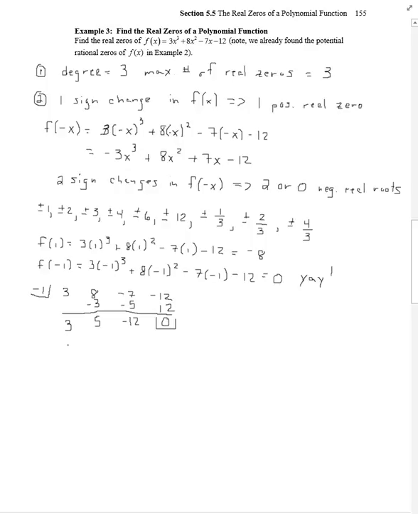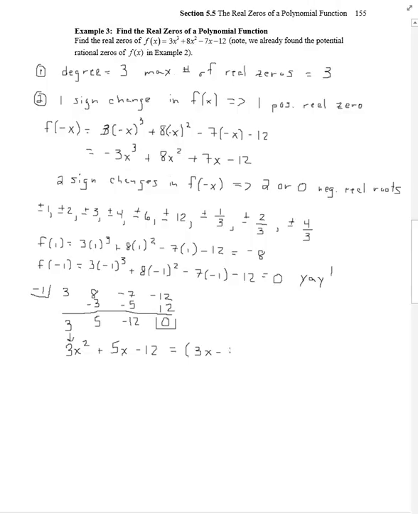Now, what does this leave us with? This leaves us with 3x squared, right? Because we started with a cubic, so that means that's squared, plus 5x minus 12. Now, I can either continue with this new polynomial and all those possible roots, or I can factor. And I'm going to factor because for me that's easier.